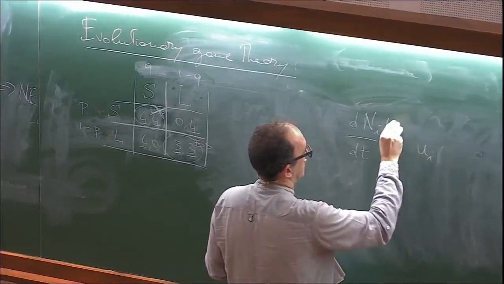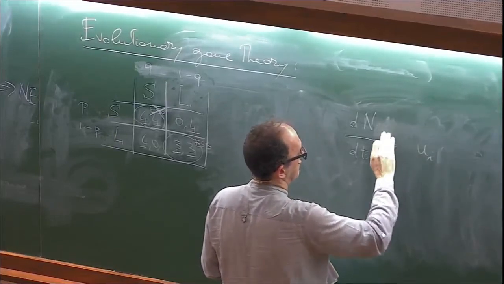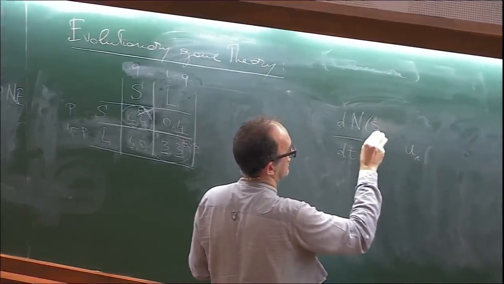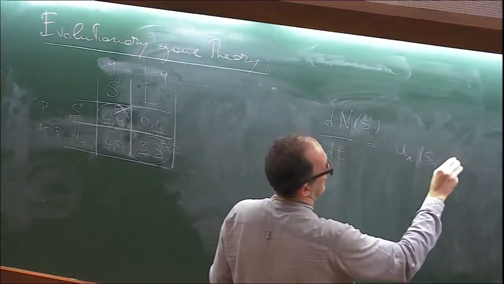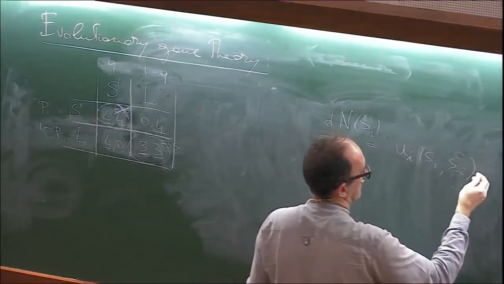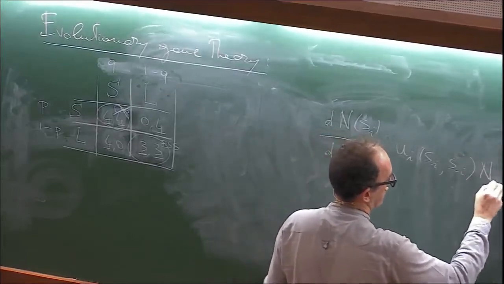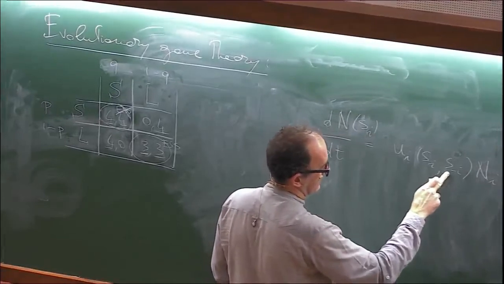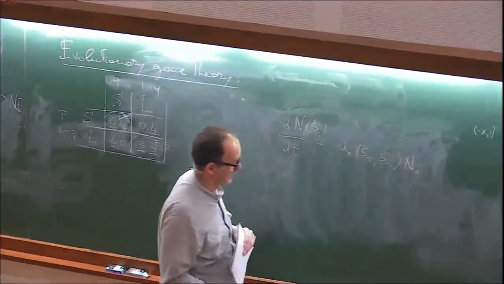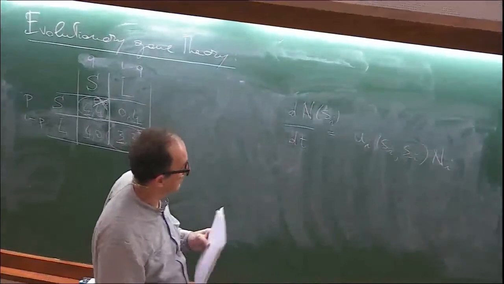And so the number of individuals with a given strategy, Si, increases with this rate. And this rate essentially depends on what other strategies are played in the population.